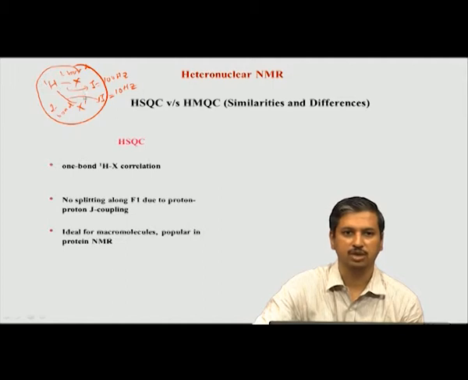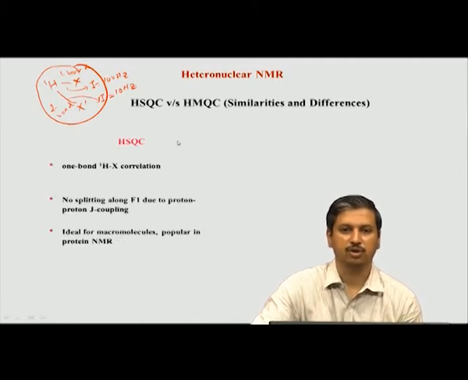How do we suppress? We simply suppress by tuning our delay in the INEPT sequence, which we saw in the INEPT portion, for either this coupling 1 by 2 J or using this coupling. And again, this is a rough example, but we should know roughly, or to some fair extent, the coupling value.